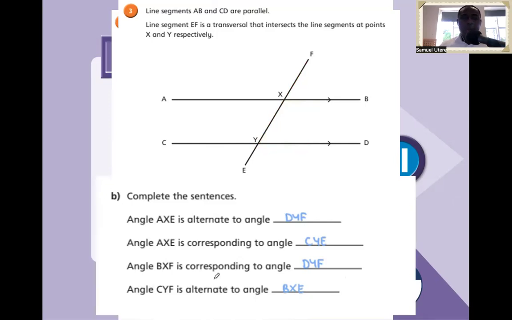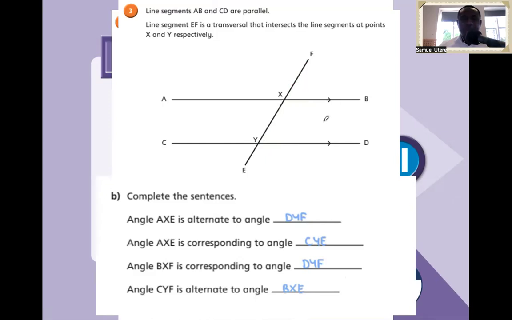Angle CYF, angle CYF, angle CYF. So it should be this angle. Is alternate. So angle CYF is alternate to angle BXE.